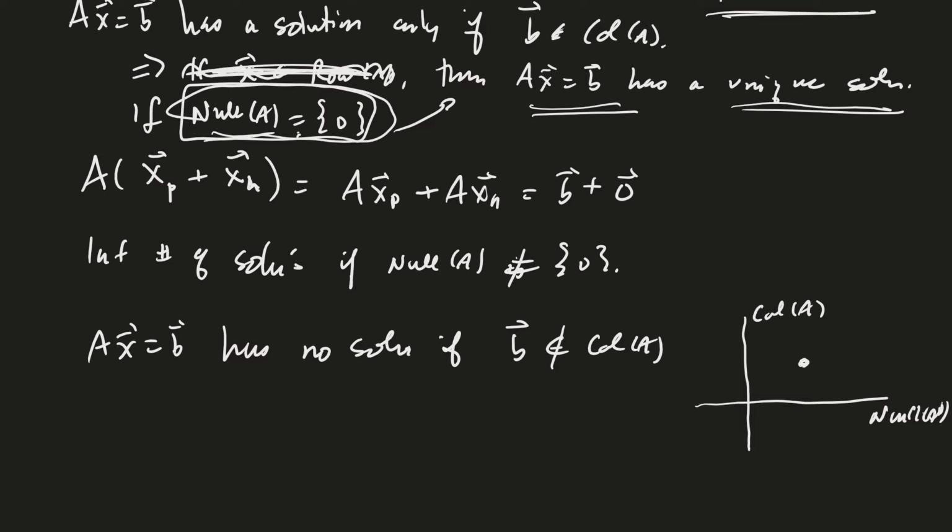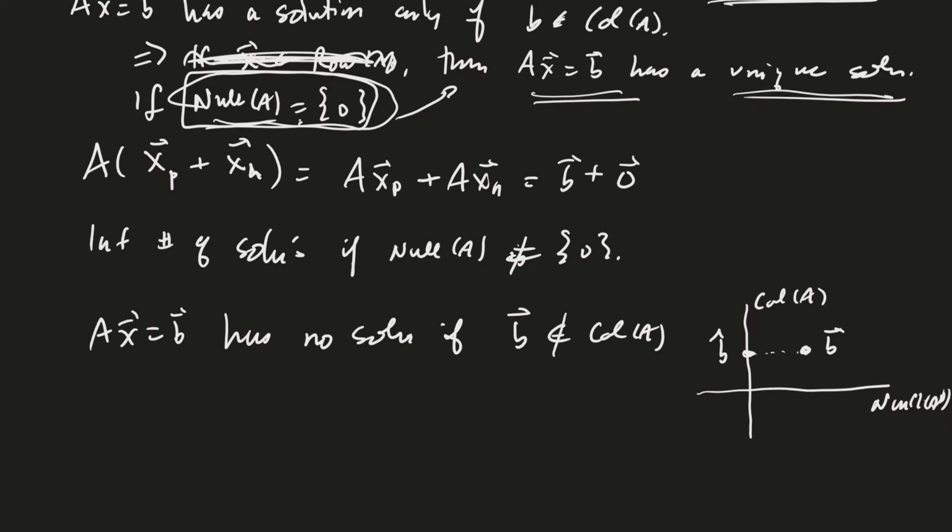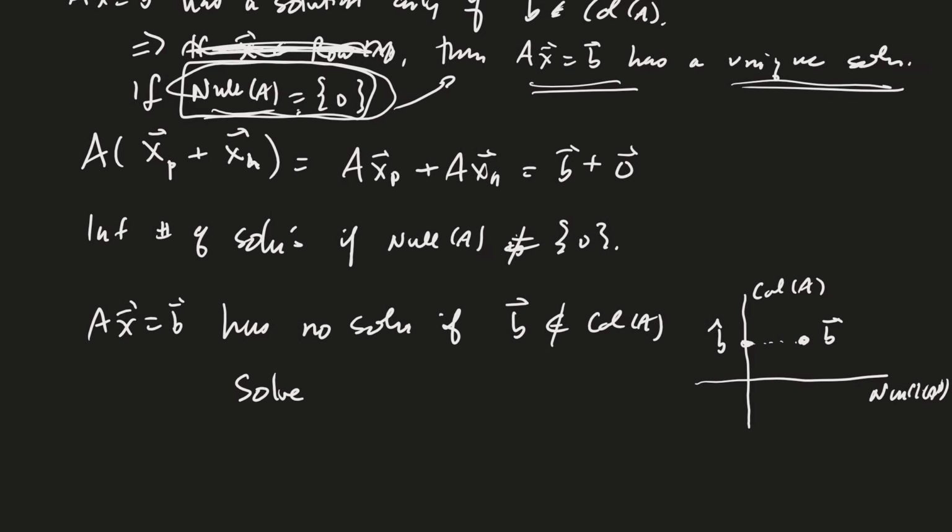It would be over here somewhere. And so instead of solving for AX equal B, we project this to the column space to get B hat, and then we solve AX hat equals B hat. And then X hat is not a solution to the original equation. It'll be the least squares solution.